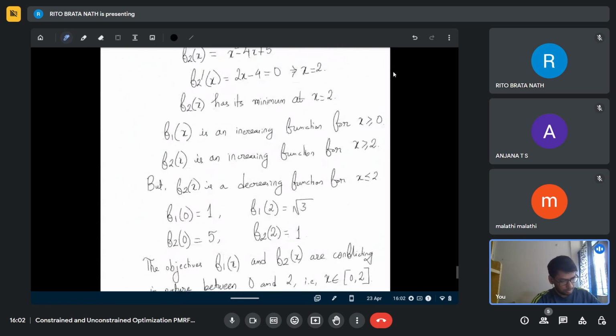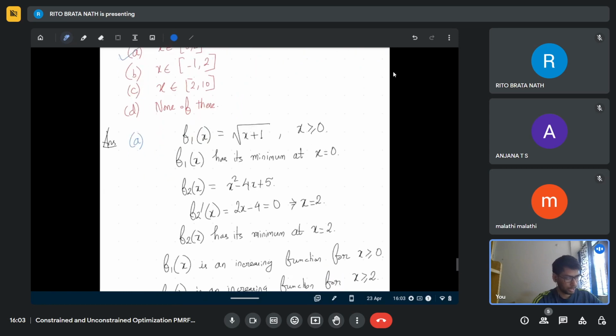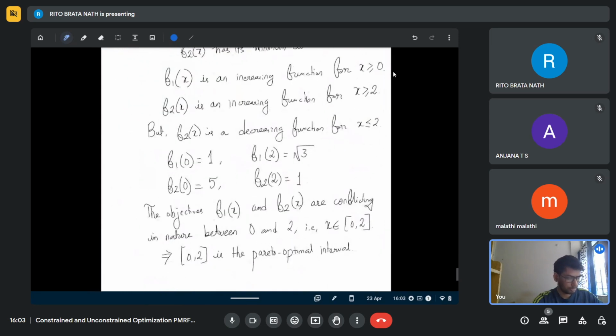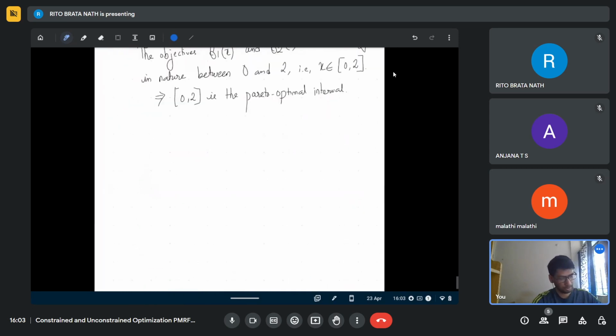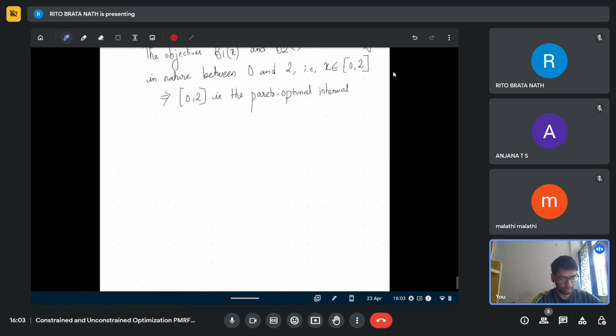This is the correct answer, and option A is correct here. This was again directly from the class, but it requires some maths, or you can also draw the graphs of these two functions and notice in which portion it is increasing and which portion it is decreasing. Okay, so that's all about the ninth one.